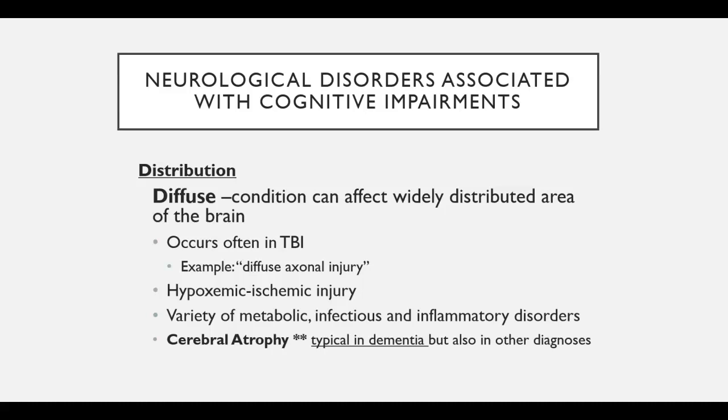It also might be seen in other diagnoses. Sometimes you can see specific areas of atrophy, less common, but in an aging brain that has had dementia, you may see that there's generalized atrophy or shrinking in the brain, shrinking of brain tissue.